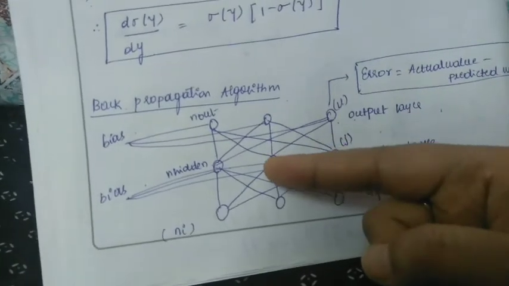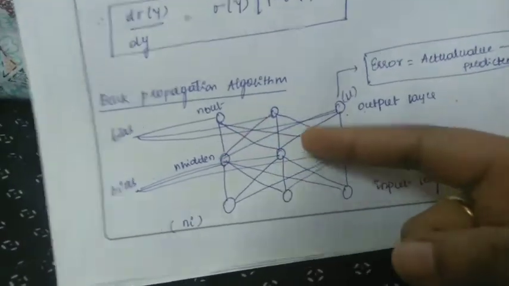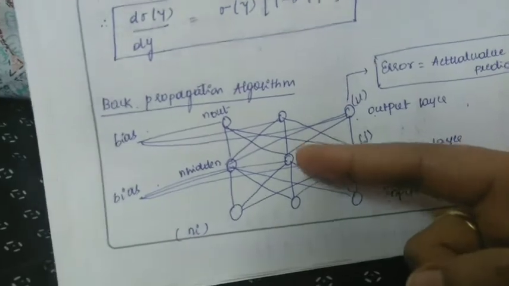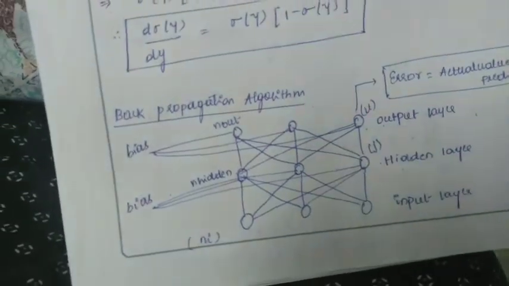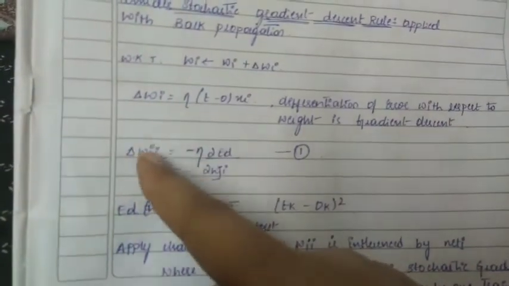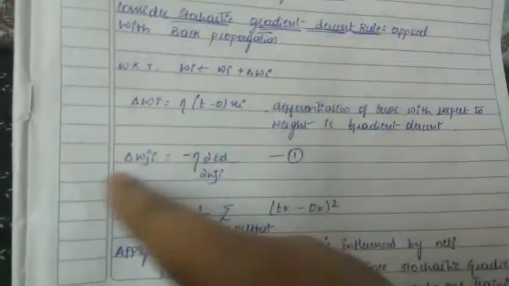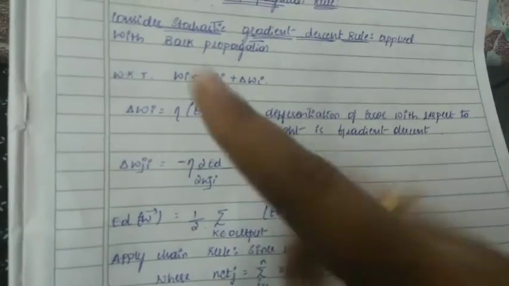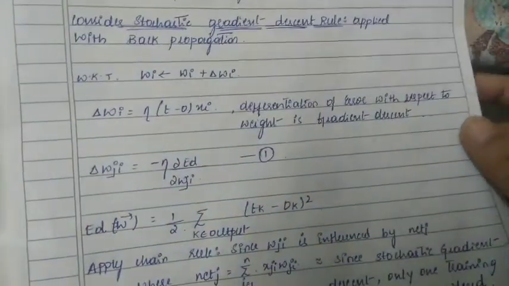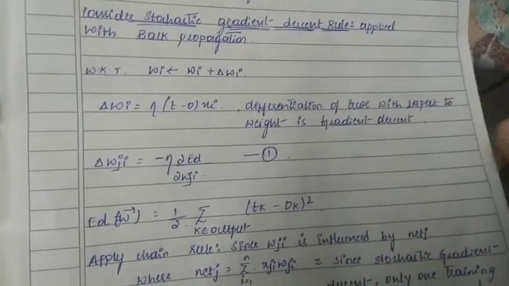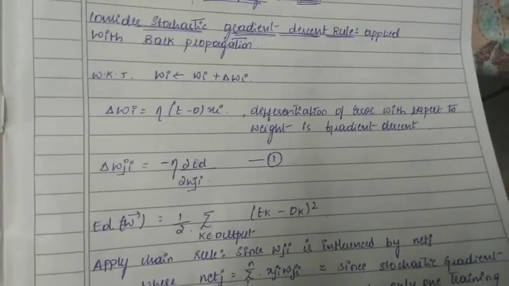In the second case I consider this as a hidden unit, and I'm going to derive the value of delta w_ji. So what is the main intention here? The main intention is to find the value of delta w_ji, that is equation 1. We are going to find it for two cases: j considered as an output unit, and j considered as a hidden unit itself.